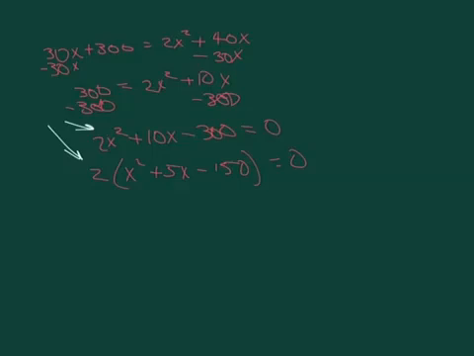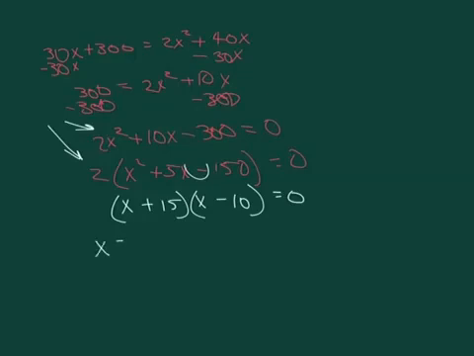And we're going to go ahead and make this into two binomials. Two numbers multiplied together give me 150, added together give me a 5. So that'll be a 15 and a 10, a plus and a minus. Gives me a negative 150, added gives me a positive 5.